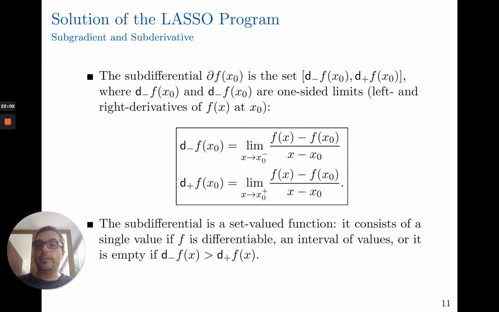It consists of a single value, of course, if f is differentiable, or it will be an interval of values, or even it will be empty if we have D minus larger than D plus, or vice versa.